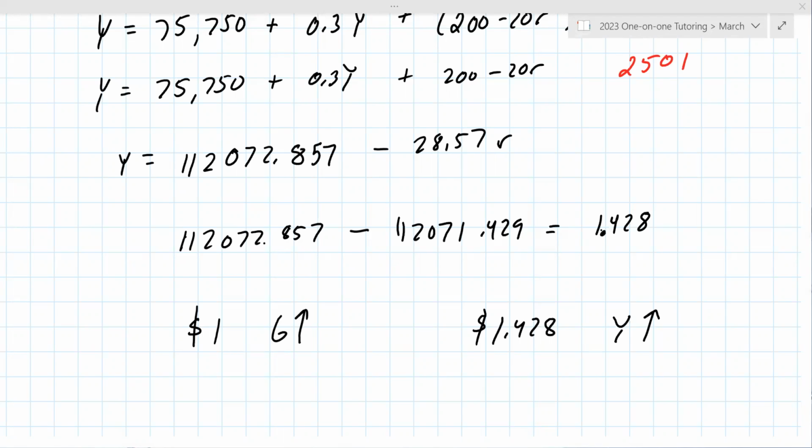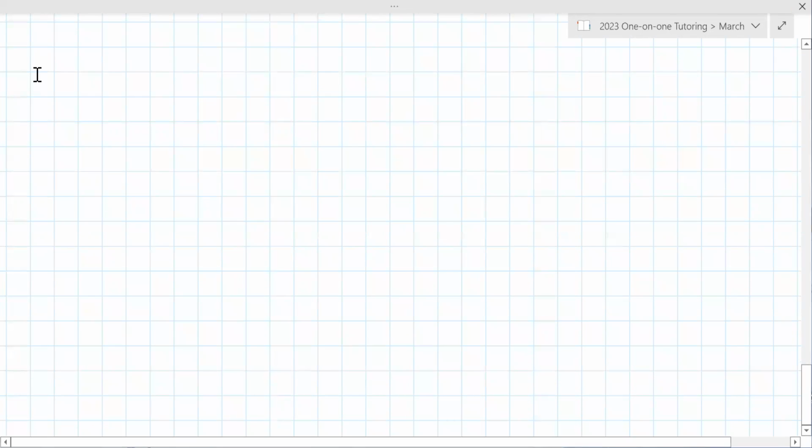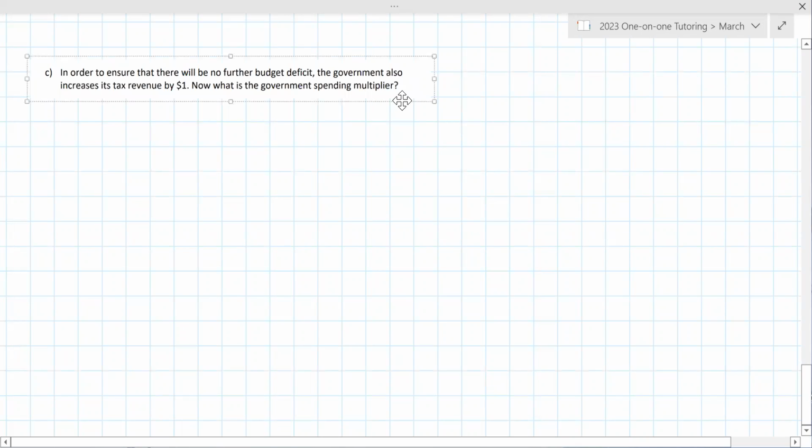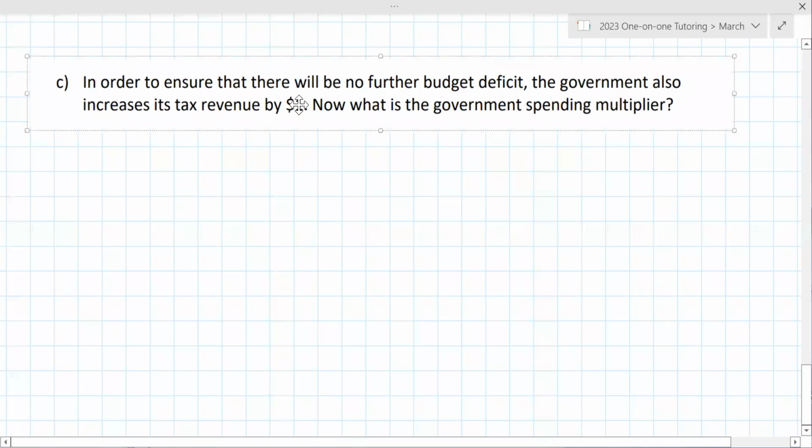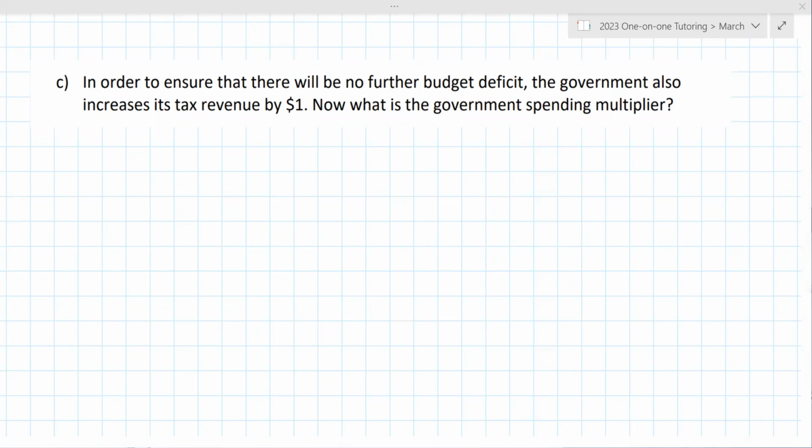Part C is kind of what I was referring to here, where they can also increase other things. Here they increase tax revenue. It says, to ensure there'll be no further budget deficit, the government also increased its tax revenue by $1. So we didn't have that.